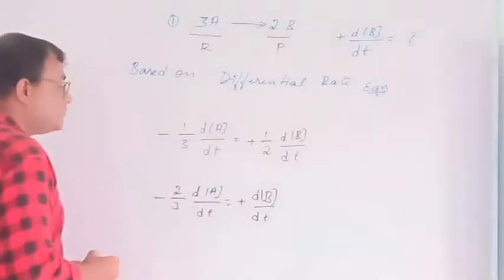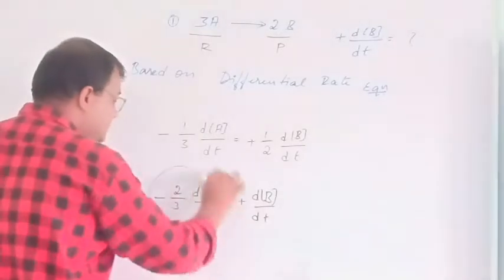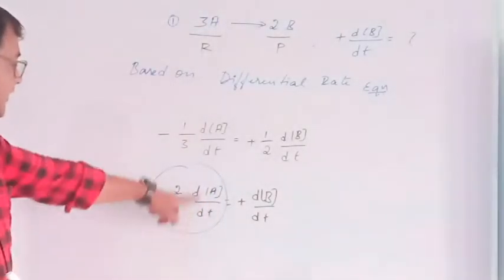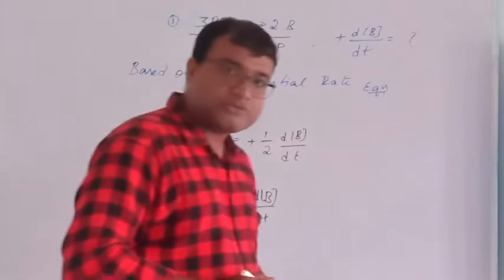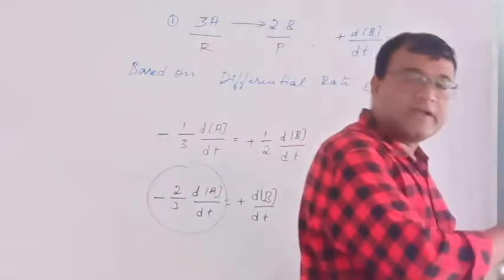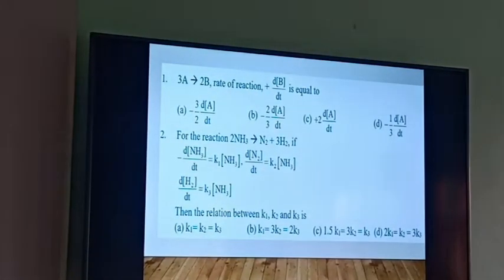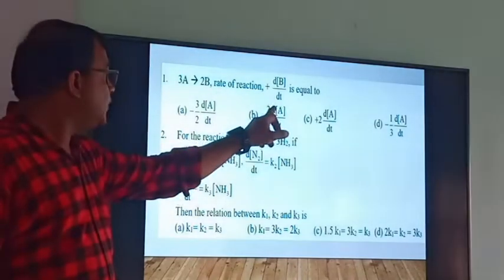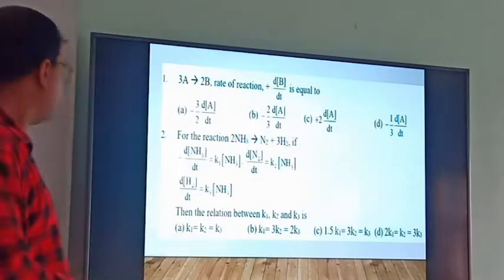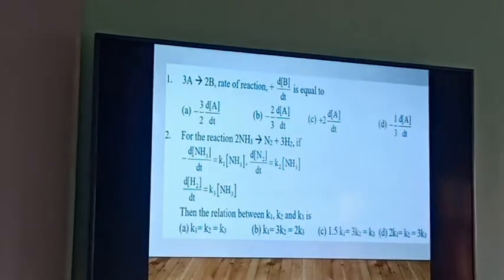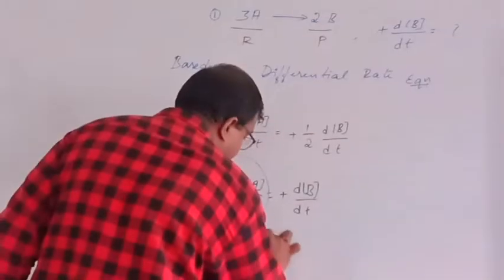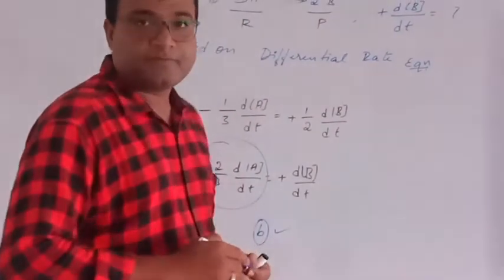The answer we got is minus 2 by 3 dA by dt, and we will search for the option here. Here is the option you can see, minus 2 by 3 dA by dt. So the correct option is option B. Clear?